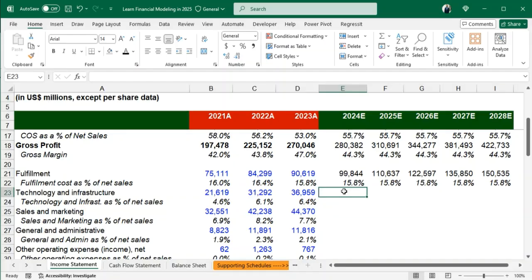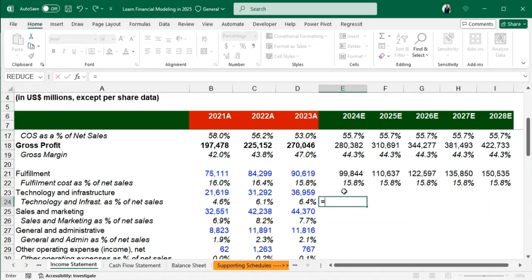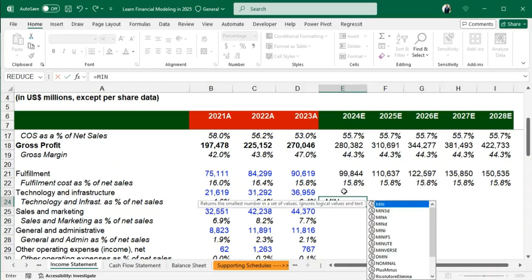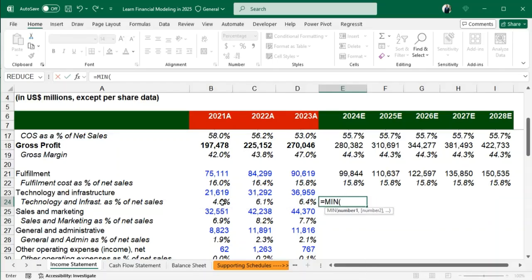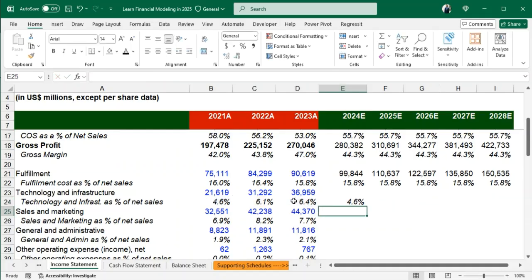Technology and infrastructure, for this is also going to be equal to, let's pick the minimum once again. So min, pick this, comma, comma, this, comma, and that, and close my parentheses and hit enter.